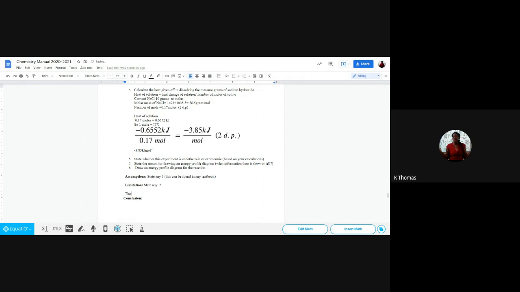One problem I encountered, if you can remember, the balance was not properly calibrated. So I had to repeat the experiment using a different balance. So that's one limitation.